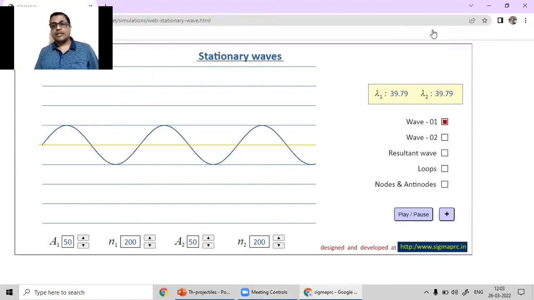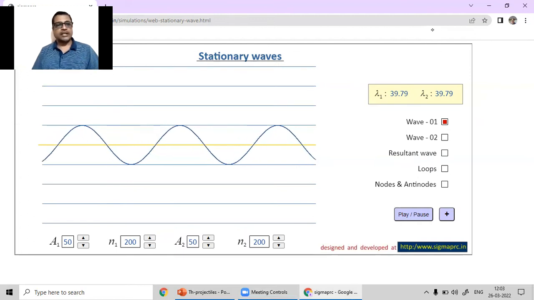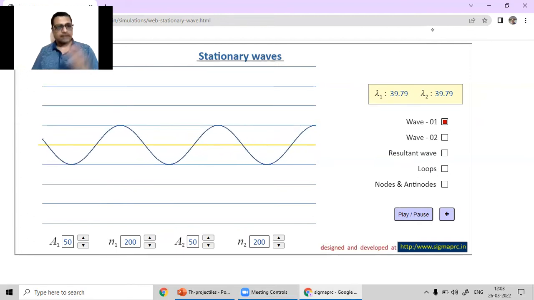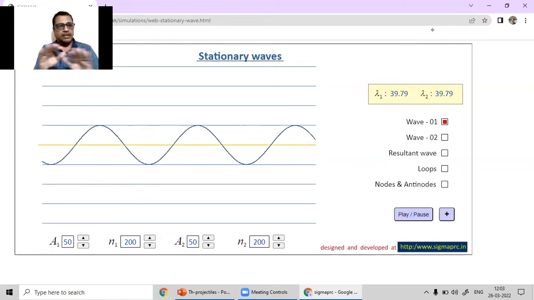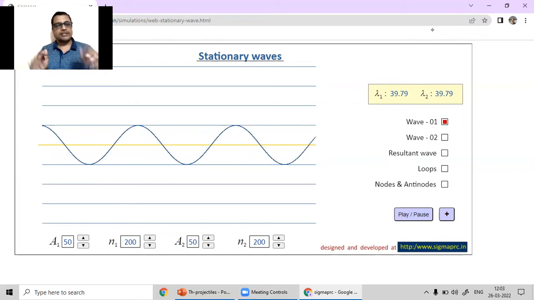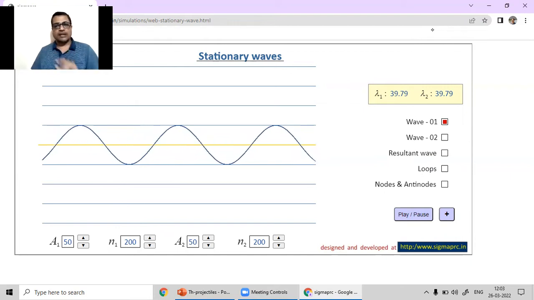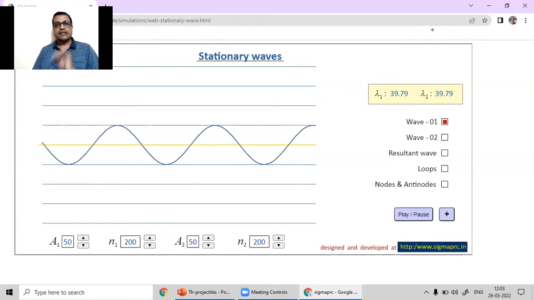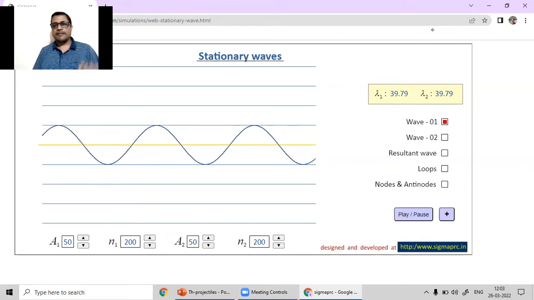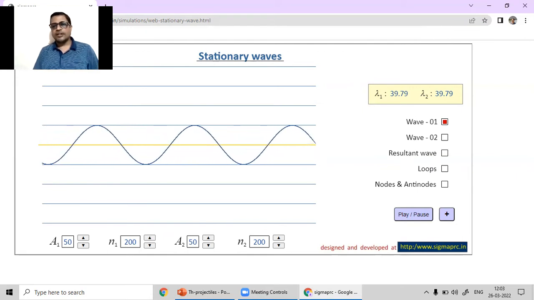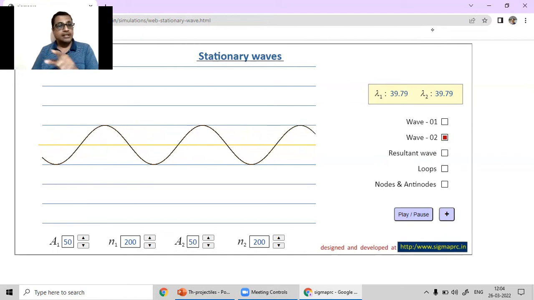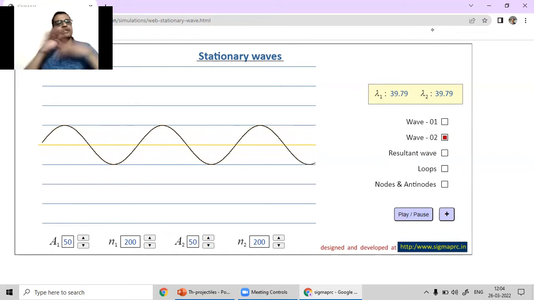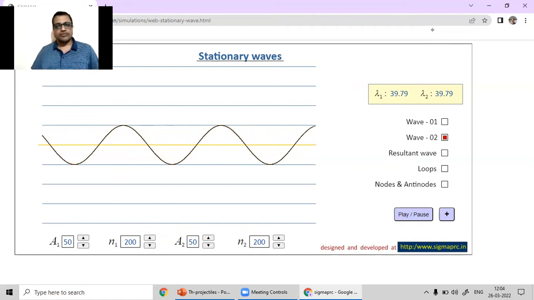For example, here is wave 1, which you can see is propagating, as you see on the screen, from left-hand side to right-hand side. So every particle in the medium is being periodically disturbed only by this wave 1. Okay, then in the same medium, if we have another wave 2 that is going in the opposite direction like this, I have deliberately given it a different color so that you will later on be able to distinguish between the two waves.